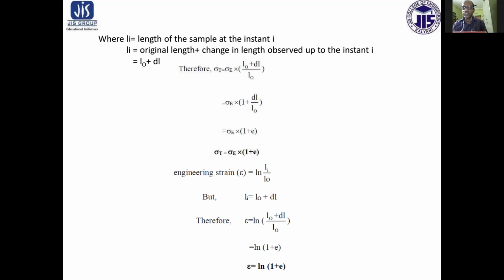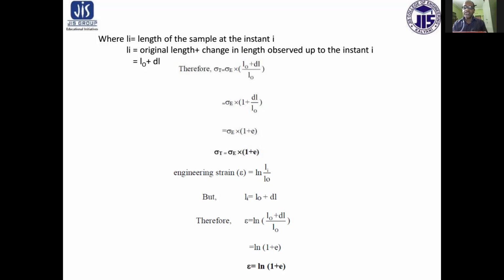So the relation between engineering stress and engineering strain with the true stress and true strain becomes: true stress sigma T equals sigma E into 1 plus e, where sigma T is the true stress, sigma E is the engineering stress, and e is the engineering strain.